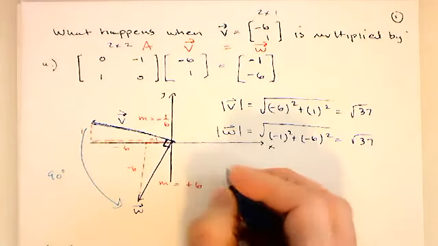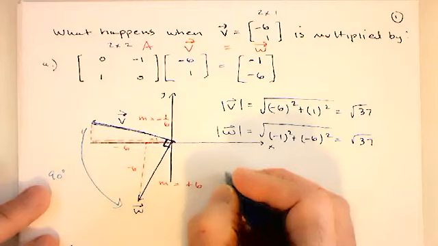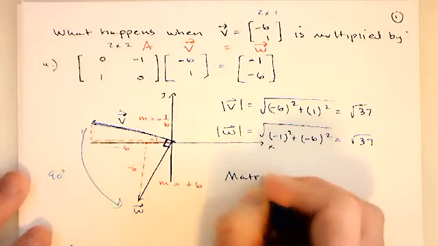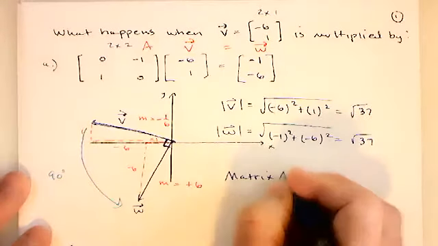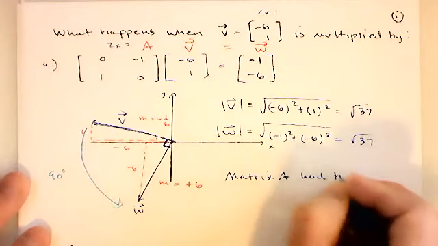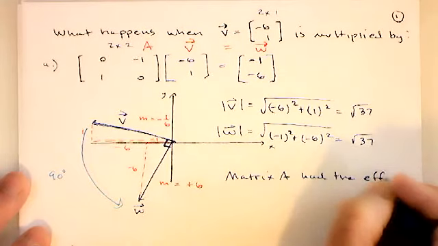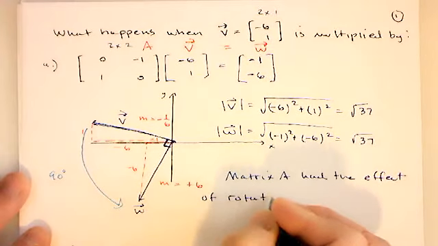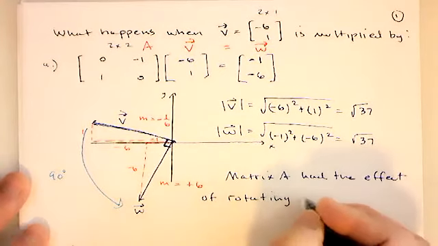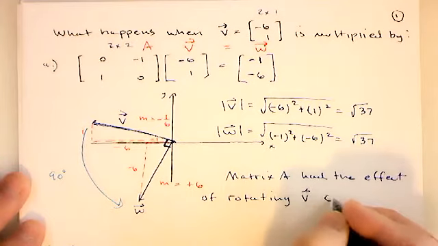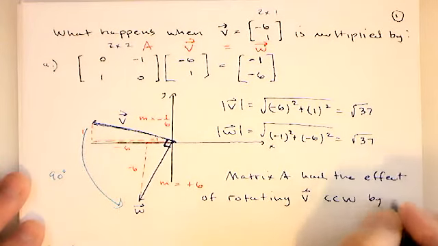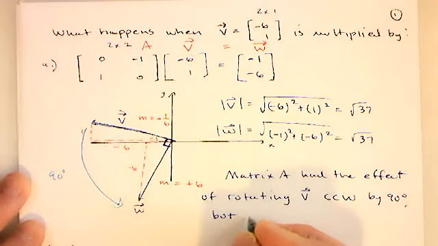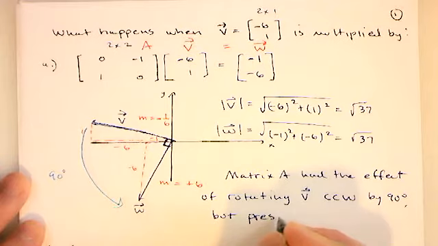So if I had to describe this, I would say matrix, let's call this matrix A, had the effect of rotating V counterclockwise by 90 degrees, but I'm going to say preserved the magnitude.